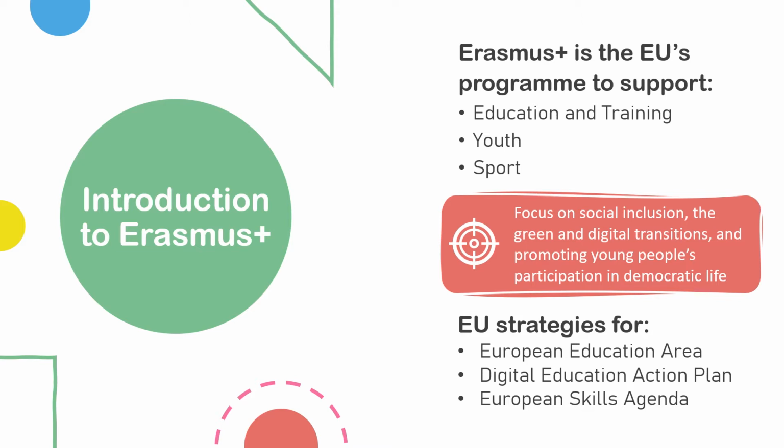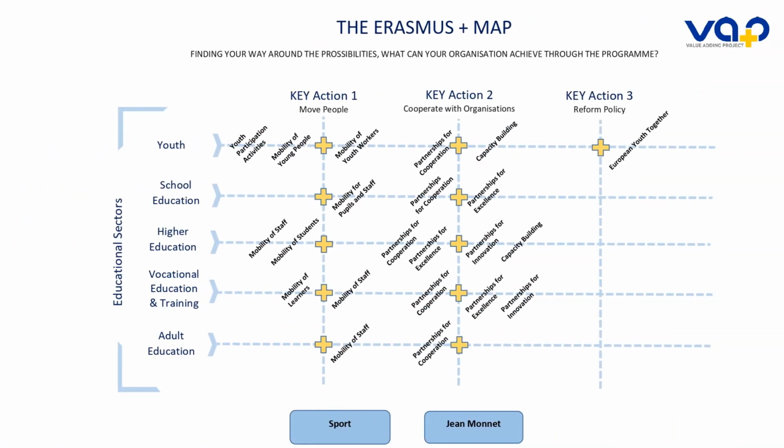the European Skills Agenda. This is a visual presentation of the different sectors and actions of the Erasmus Plus program. Erasmus Plus encompasses 5 different sectors which are related to the educational field: youth, school education, higher education, VET, and adult education. It also funds projects within the sport field and the so-called Jean Monnet program.